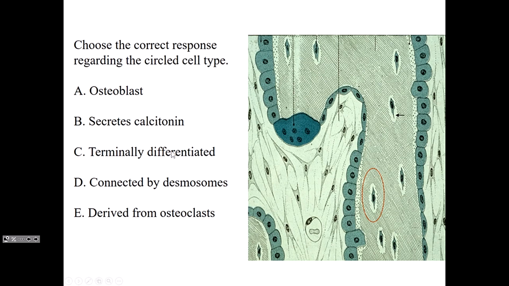No. Is it terminally differentiated? Maybe. Is it connected by desmosomes? No, it's gap junctions. Remember, the filopodia are gap junction connected. And is it derived from osteoclasts? No, it's derived from osteoblasts. Right, so the answer then is C, terminally differentiated.